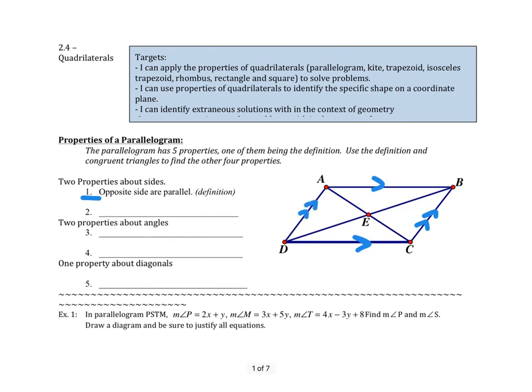If I'm going too fast, please by all means pause the video so you can catch up, because you should be writing these notes down along with the video. The other thing about the sides is that the opposite sides are congruent. We can mark these with a single hash and these with a double hash. So opposite sides are parallel, and opposite sides are also congruent.